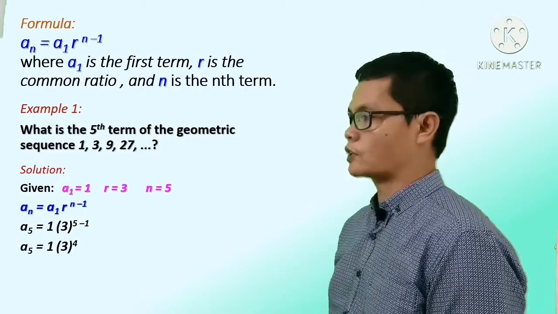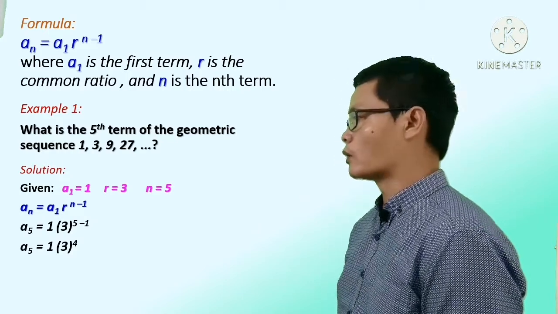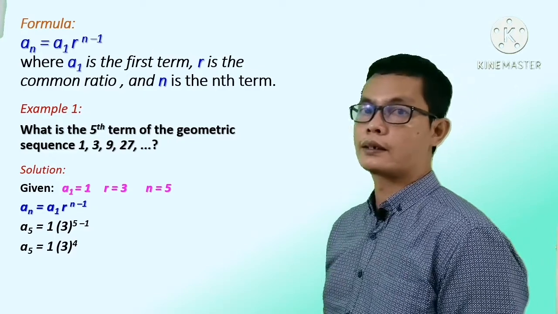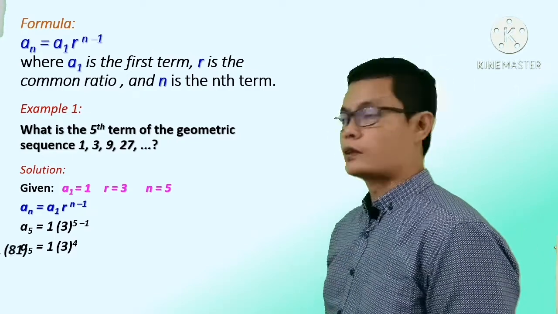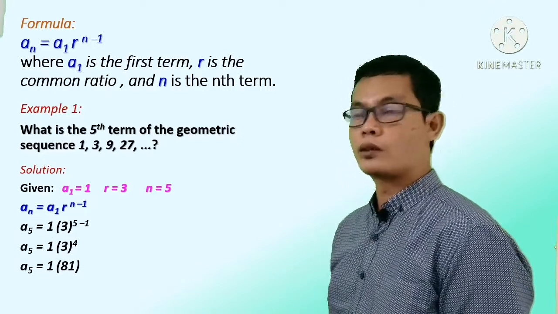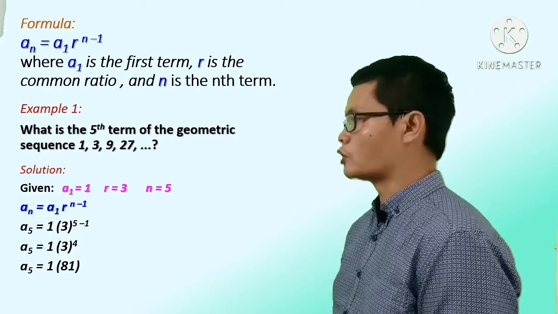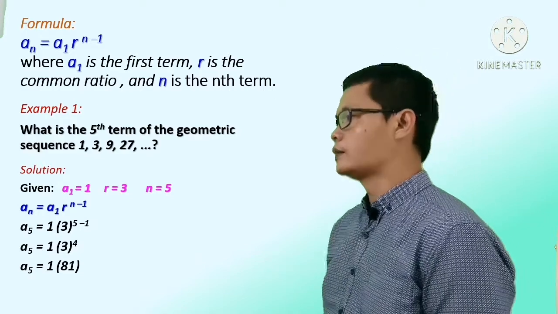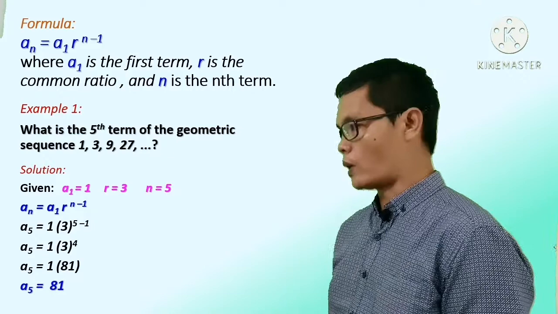A sub 5 equals 1 multiplied by 3 to the power of 4. So 3 raised to the power of 4 is, according to the laws of exponents, 3 times 3 times 3 times 3, which is 81. Multiplied by 1, we get the final answer: the fifth term of the geometric sequence 1, 3, 9, 27, and so on is 81.